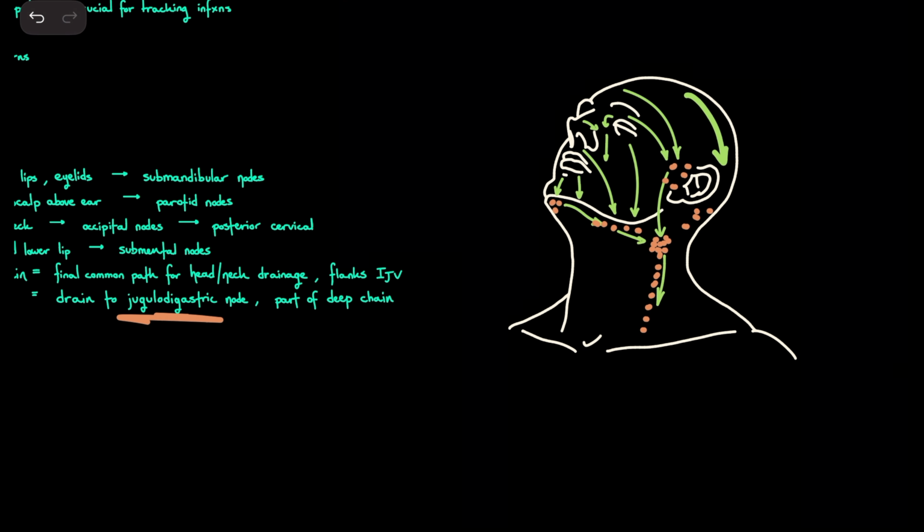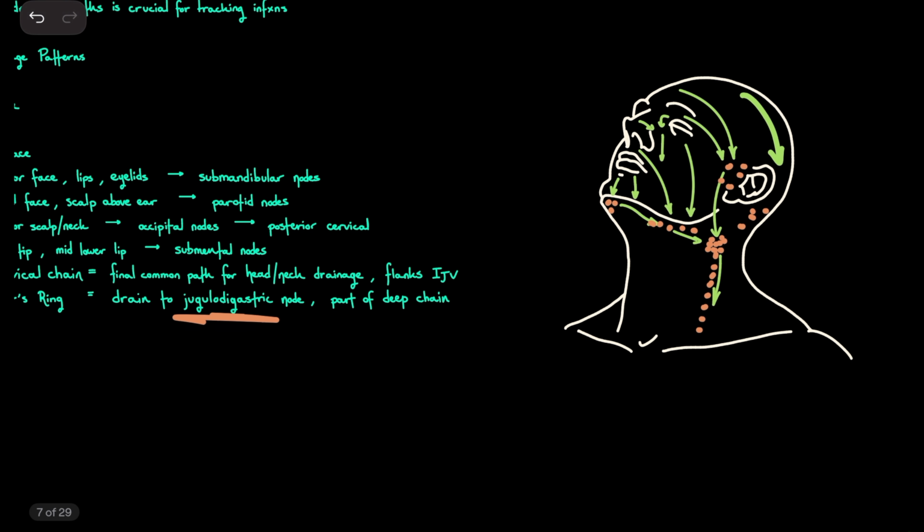So if we have something like strep or anything that's flaring up the tonsils, well, there's a high likelihood that those nodes on your neck, the jugulo-digastric node specifically, is probably going to be inflamed because that's one of the initial drainage spots of this area. So, pretty cool.